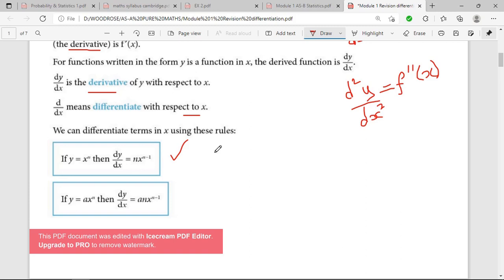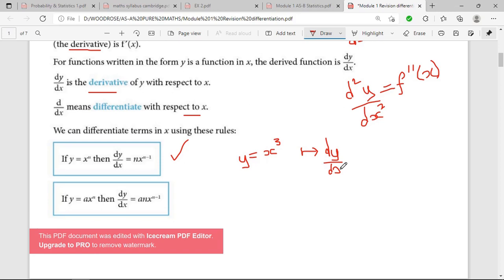Simply meaning that, suppose you have y is equal to, let's say, x cubed, then for dy dx we are simply bringing down the power. The power n here is 3.